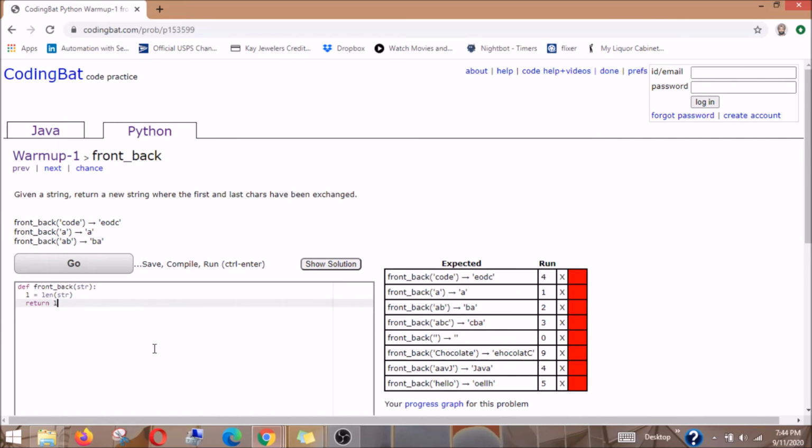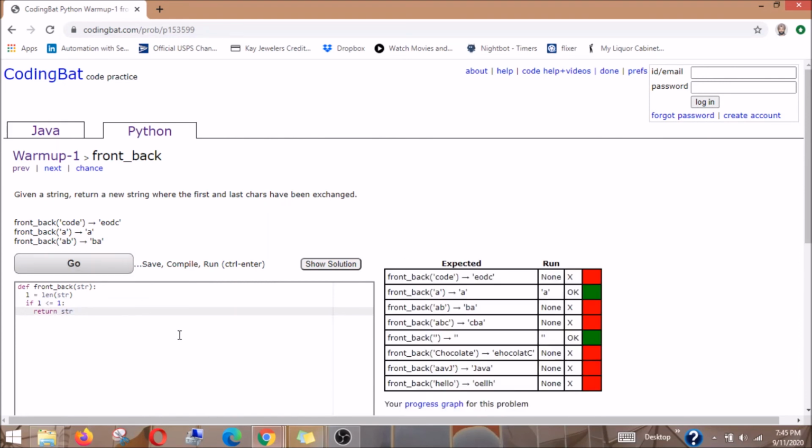Okay, let's see another one. If L is less than or equal to 1, let's do equal to, return str. So this might help us in solving a few of them with 1 character.